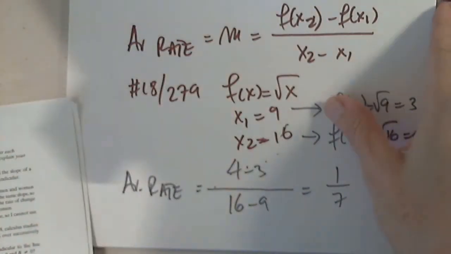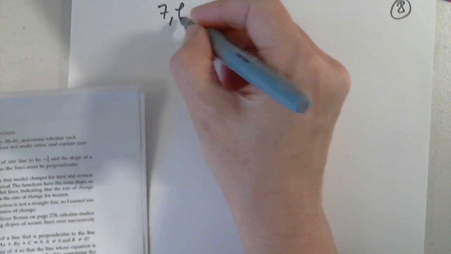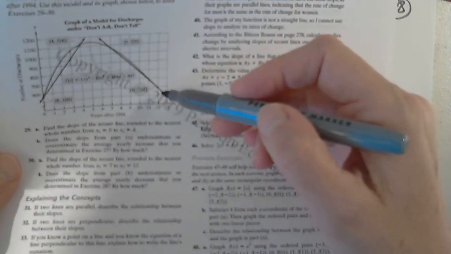Let's do number 2. So for number 2, I see 7, f of 7, and 12, f of 12.